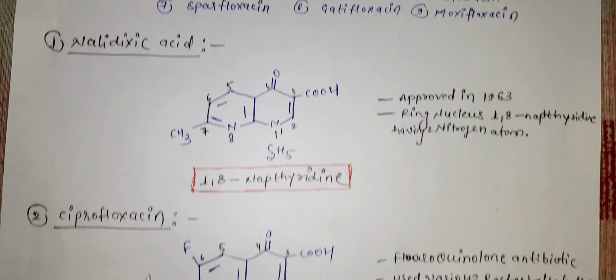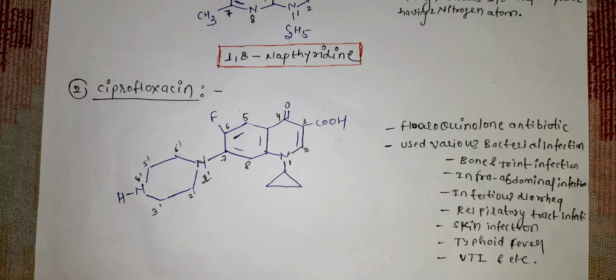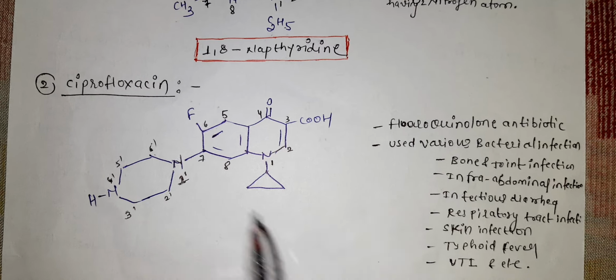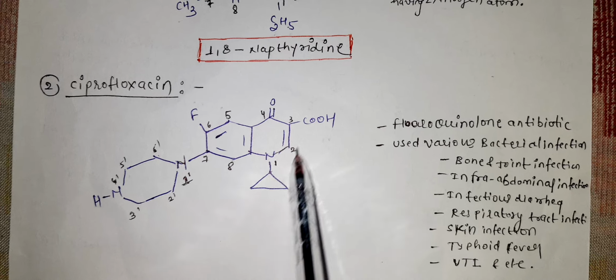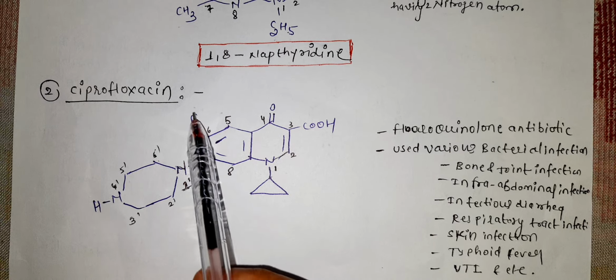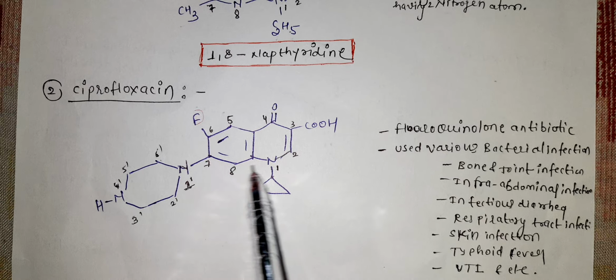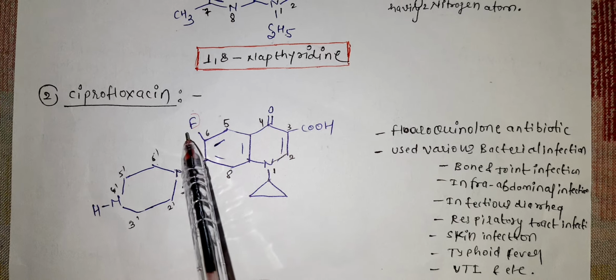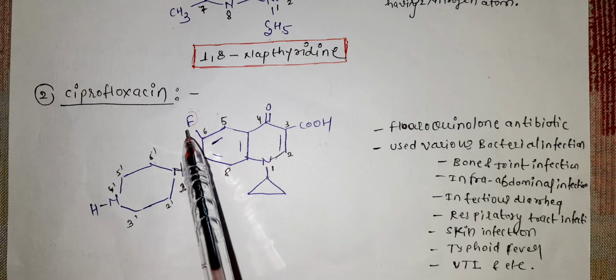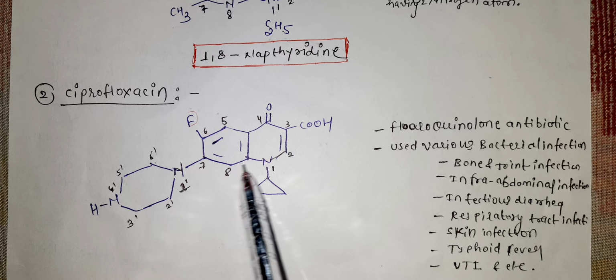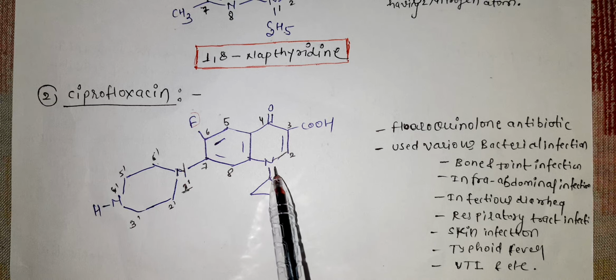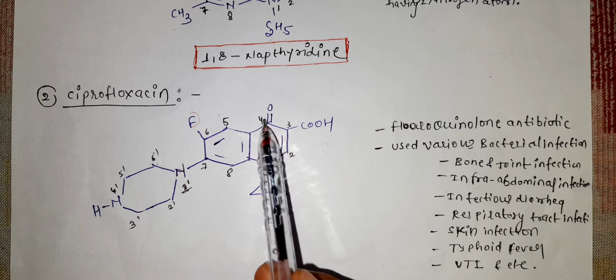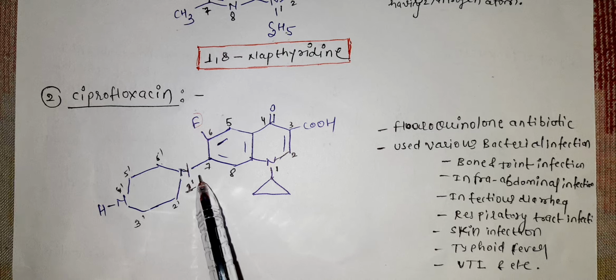Now the second structure is ciprofloxacin. Ciprofloxacin is a fluoroquinolone derivative. This is fluorine and this ring is quinolone. So the derivative is fluoroquinolone, a fluoroquinolone antibiotic, and the substitution is at the first, third, fourth and seventh positions.